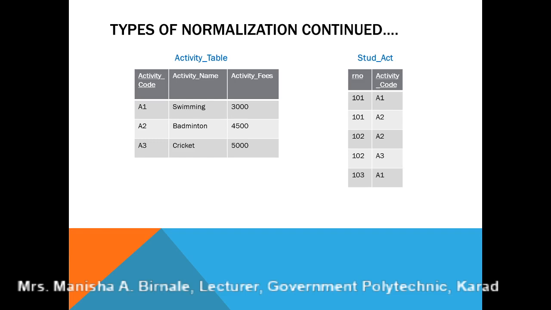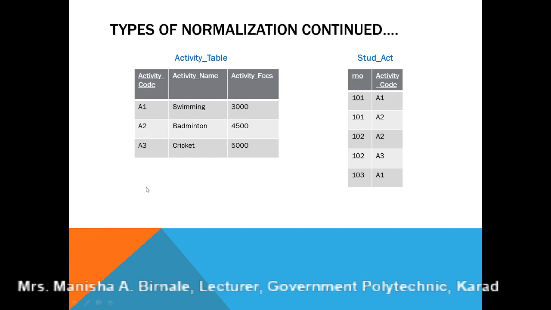So database is in first normal form if all the attribute values are atomic values. Database is said to be in second normal form if already it is in first normal form and no partial key dependency should be there, means no non-prime attribute should be dependent on part of primary key.